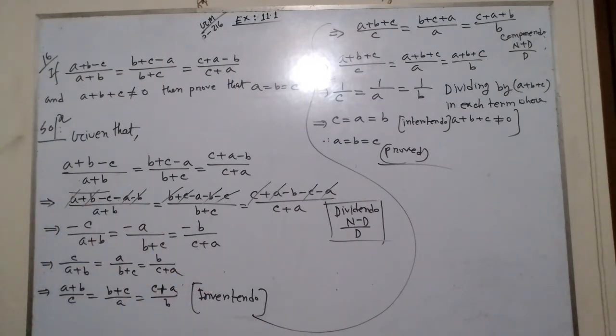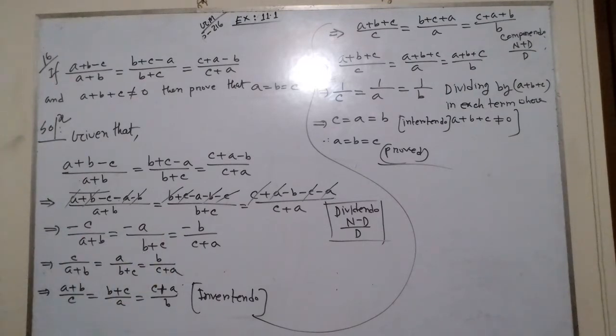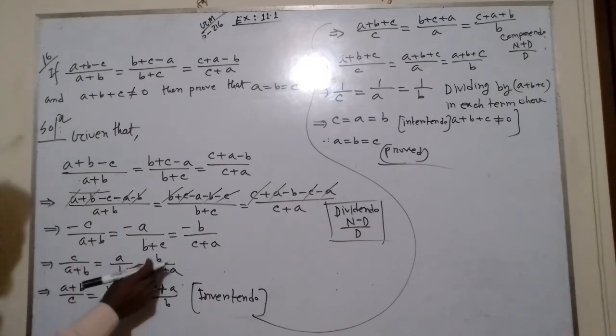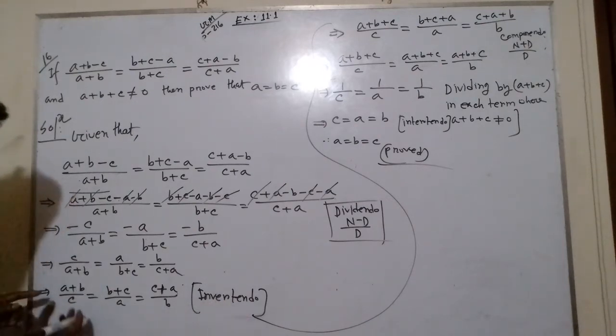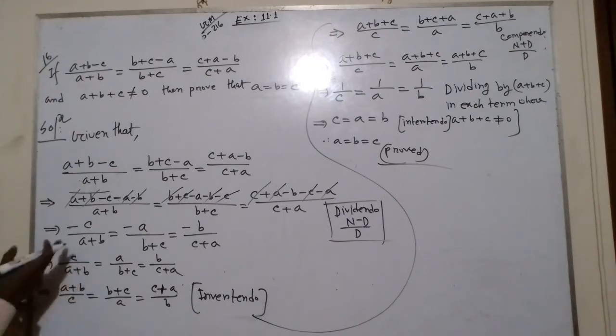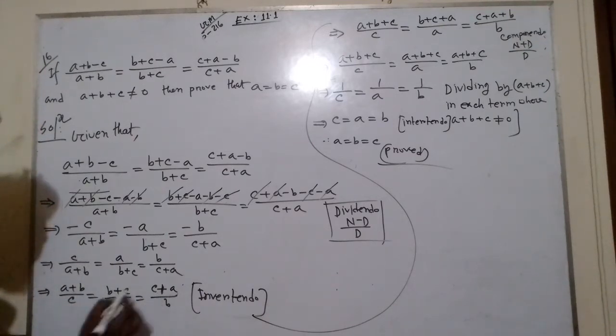Now we cancel minus from each term, then we can write c by a plus b equal to a by b plus c equal to b by c plus a, and we can write by invertendo. In this ratio we interchange numerator and denominator, so we can write a plus b by c equal to b plus c by a equal to c plus a by b.